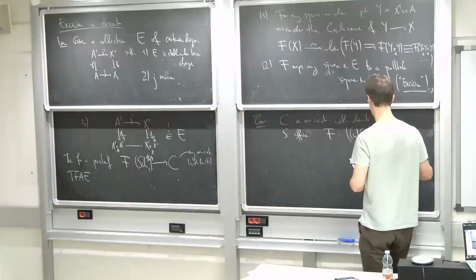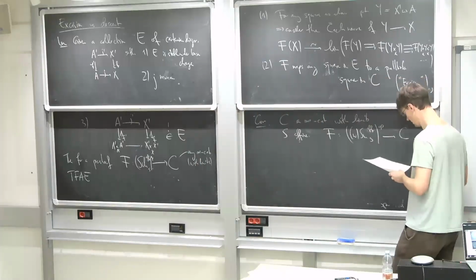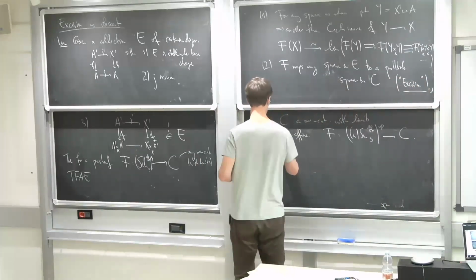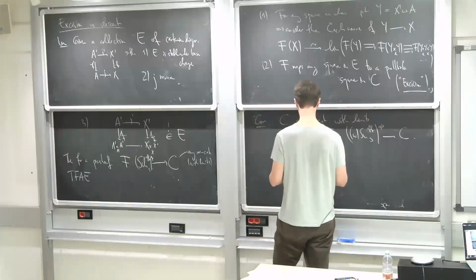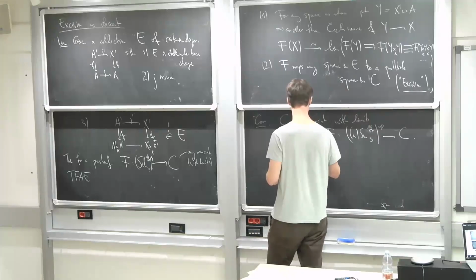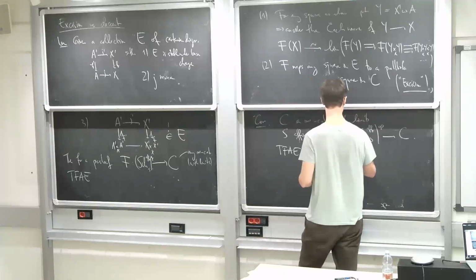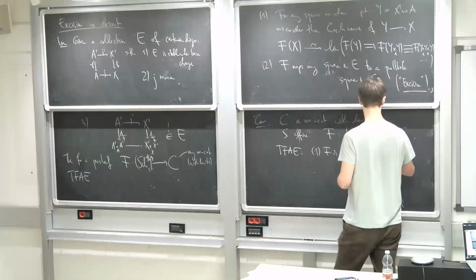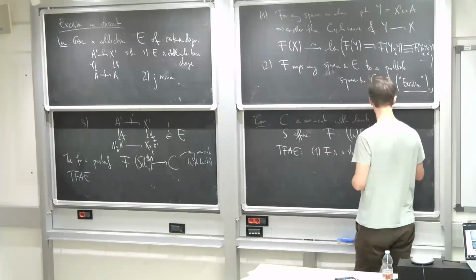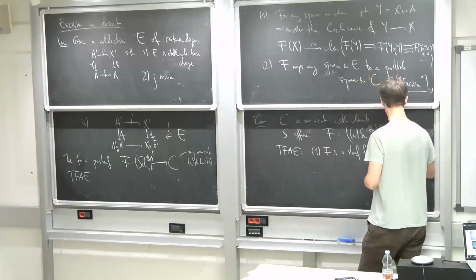You see, so that's a pre-sheaf, and then the following are equivalent. This f is a sheaf for the pro-étale or not pro-étale, depending on whether I allow each include or not, this Motivic topology.